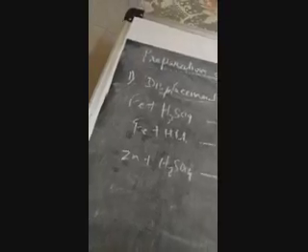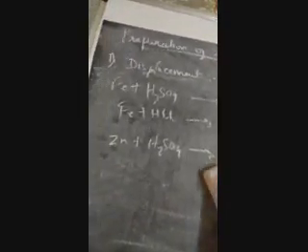Next, some of the salts are insoluble. So for them we will go through the double decomposition process. Let's take one example of lead chloride.